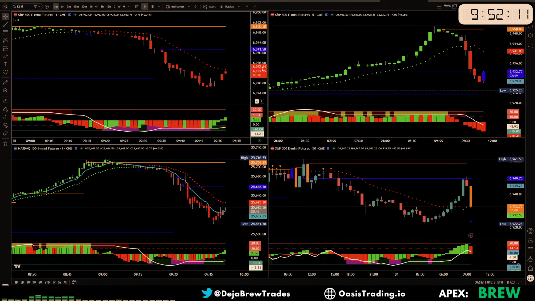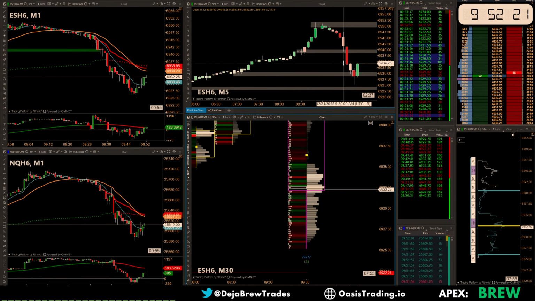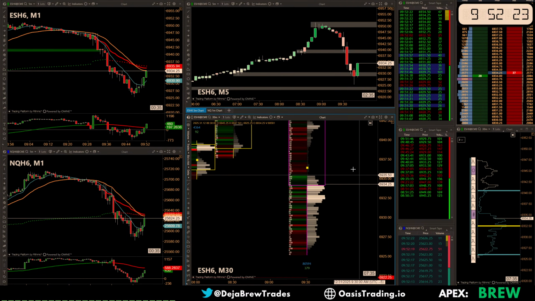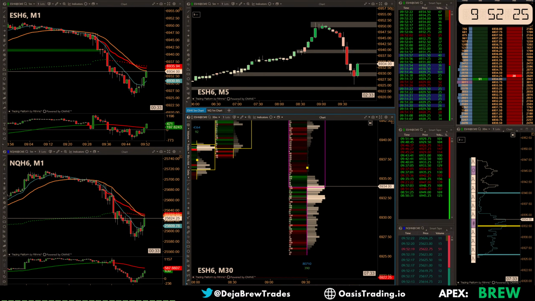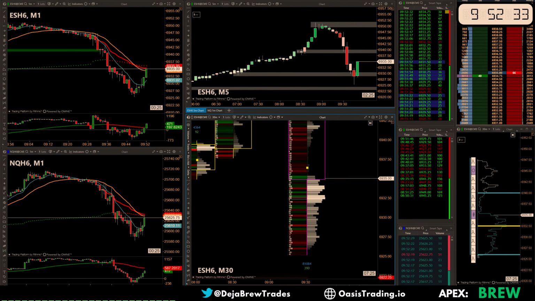Sorry, the trail's at 33. I'm not sure where I got that 29 level from. I think I was looking at the current price. So here's that trail test here. Also backtesting VWAP.